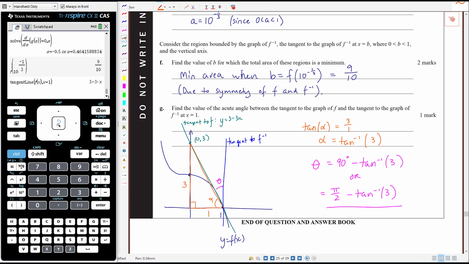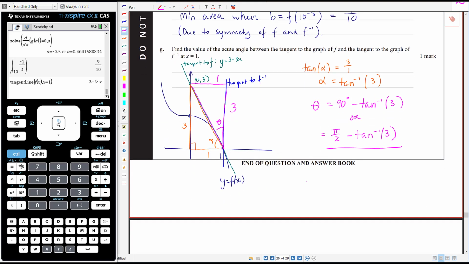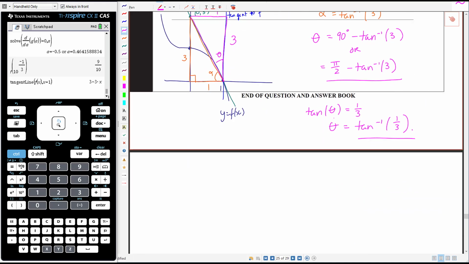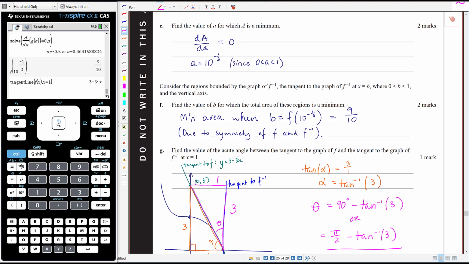We obviously also could have got straight away to theta potentially by thinking about, well, this is 3 and this is 1, and saying that tan of theta equals 1 on 3. And so therefore theta must be inverse tan of 1/3. So that would also be accepted as a correct answer, I would imagine. Okay, so that's the end of the 2019 exam 2.